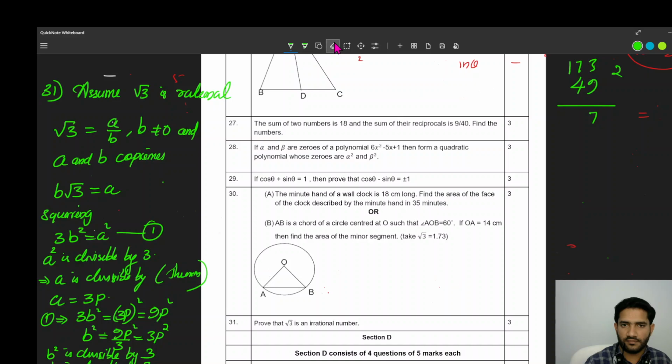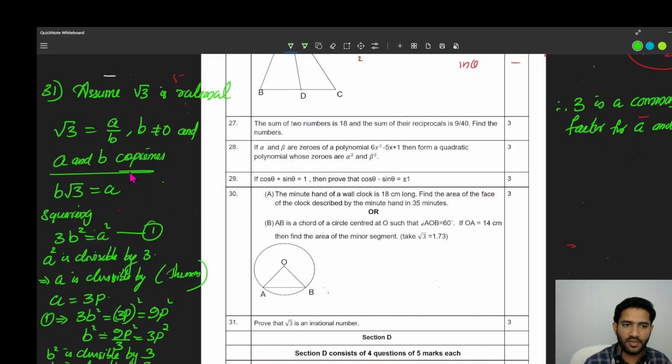So b is divisible by 3, and a is divisible by 3. Therefore 3 is a common factor for a and b. But a and b are coprimes, so it is a contradiction.